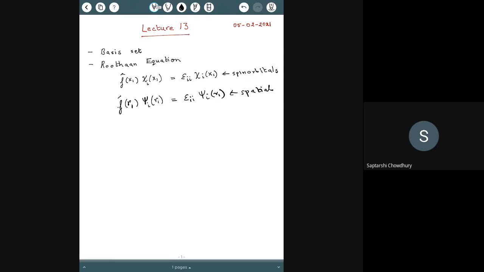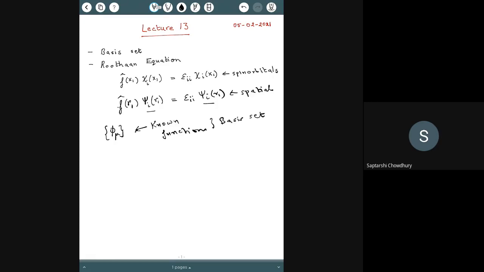So the first thing we need to do is express the psi in terms of some known functions. Let's say we have a set of known functions, phi mu. These are a set of known functions which is called a basis set. Now what this basis set should be for molecular computations and how we will choose them, we will talk about in quite some detail in a later class.